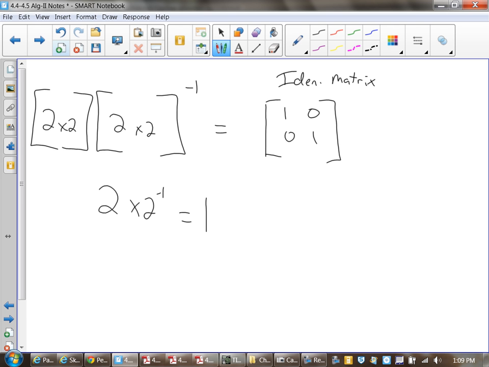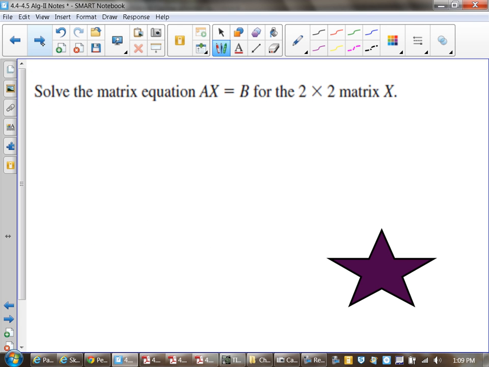For example, I want to look at a matrix equation: matrix A times X equals matrix B. Remember, when we're dealing with matrices, we can call them by just capital letters. I'm not filling in the blanks right now, I'm just setting it up.